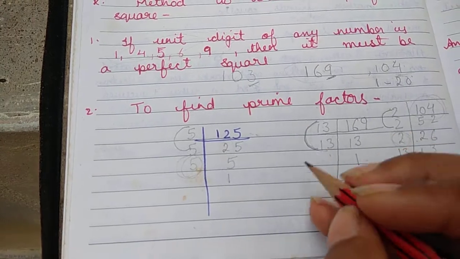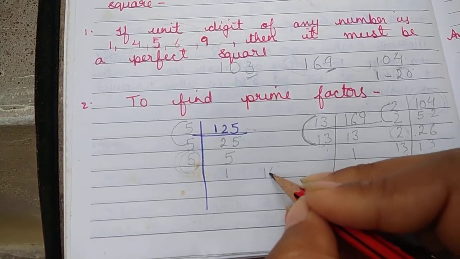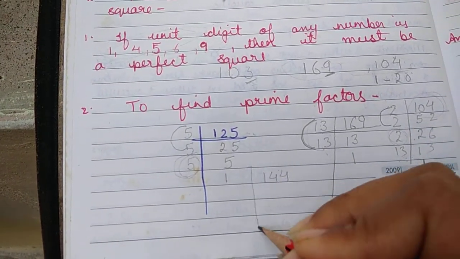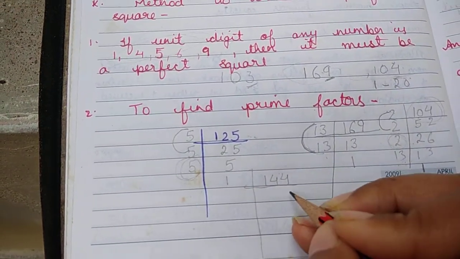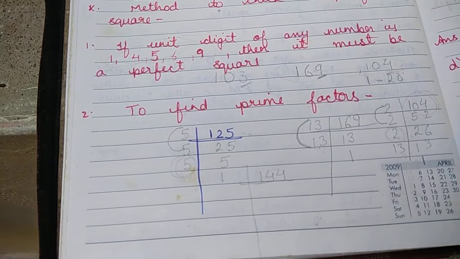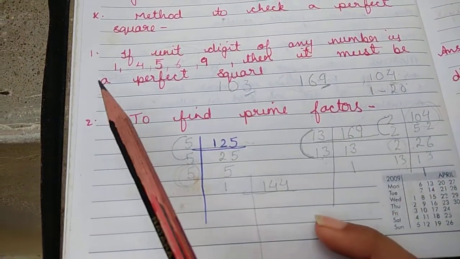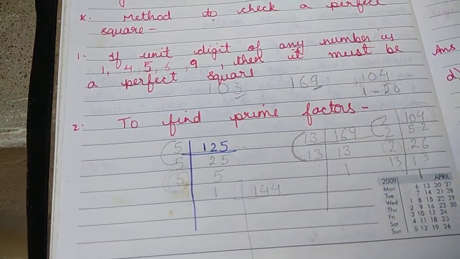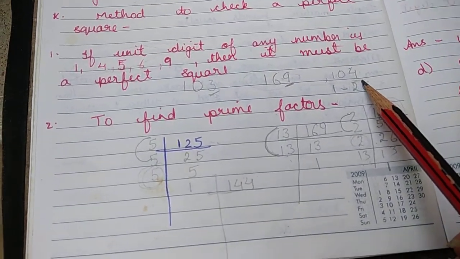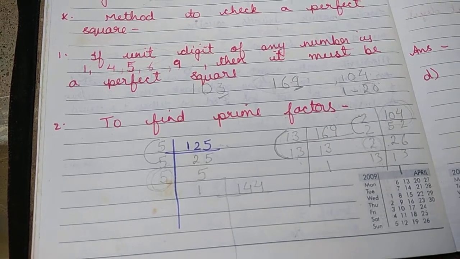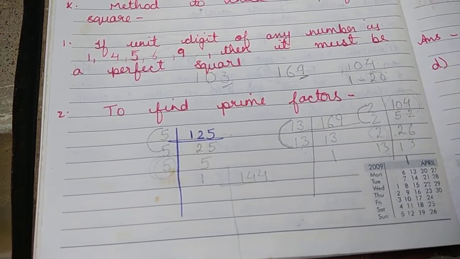If you have to find out one more, I can give you one more number. See, this number also, first of all just see what the last digit is. 4. Again I said that if the number is ending with 4, it may be a perfect square, not necessary. 104 was also ending with 4, so it could have been, but it is not a perfect square.